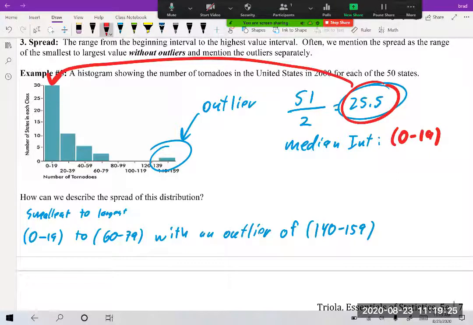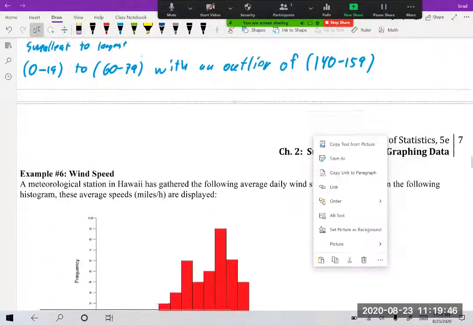If I lined up all 50 states, starting from the smallest amount of tornadoes to the largest amount of tornadoes, and I got to the 25th state, right? The 25th and 26th states, how many tornadoes would they have? Well, they would have somewhere between 0 and 19, because remember, this is lined up in order, okay? So that's one way to think about it.